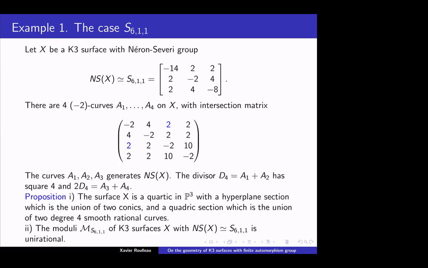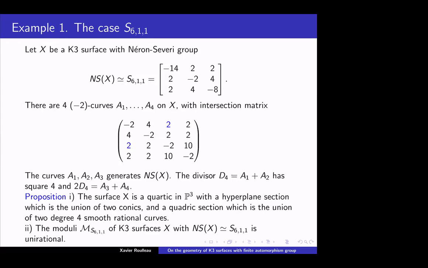The first 3 curves generate the Néron-Severi group, and you have D4, the sum of the 2 first -2 curves, with square 4, and the sum of the 2 last -2 curves is twice linearly equivalent to twice D4. I put equal, but it is linearly equivalent.